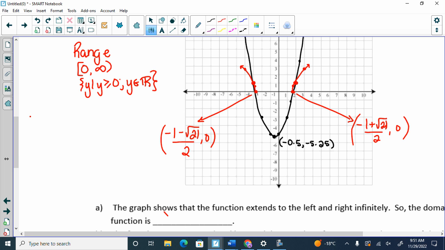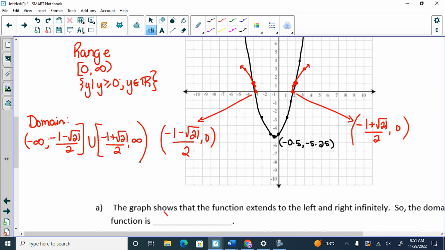So I would say in interval notation, you'd go negative infinity union. Only half of us know what that is. The union. This means or.